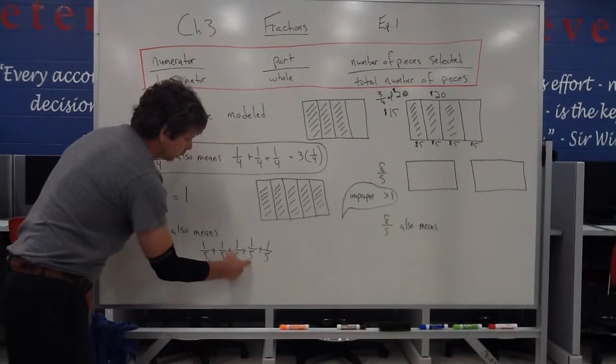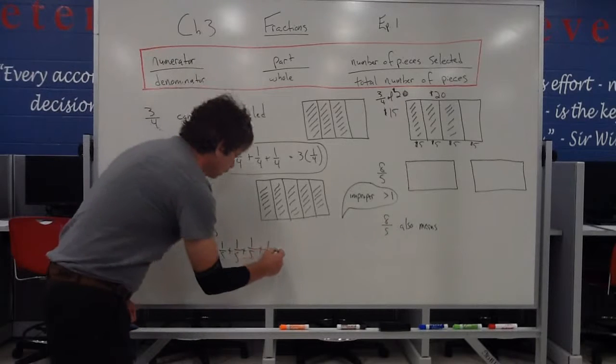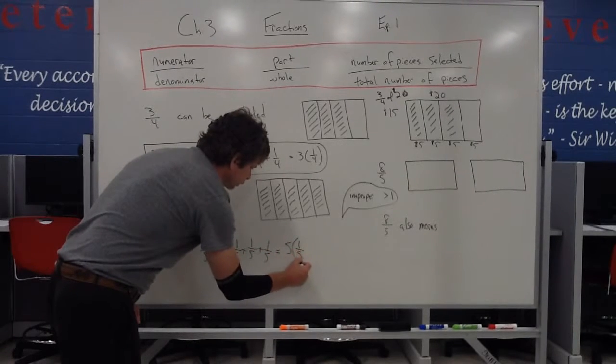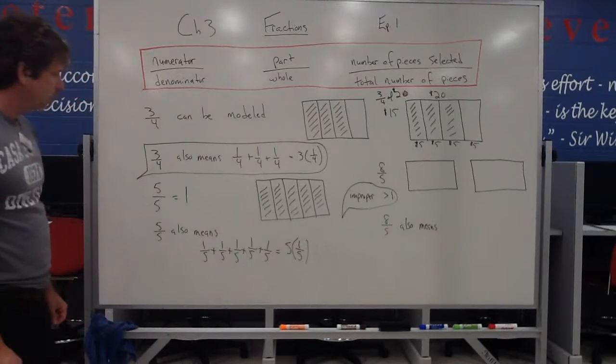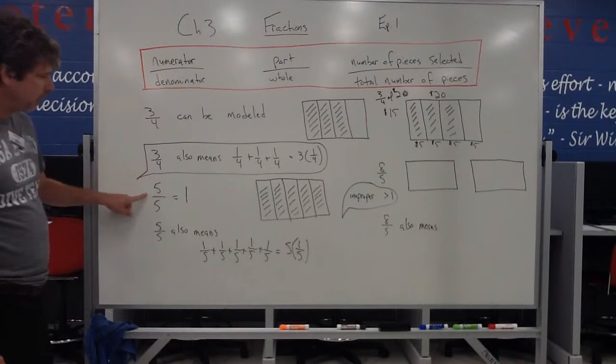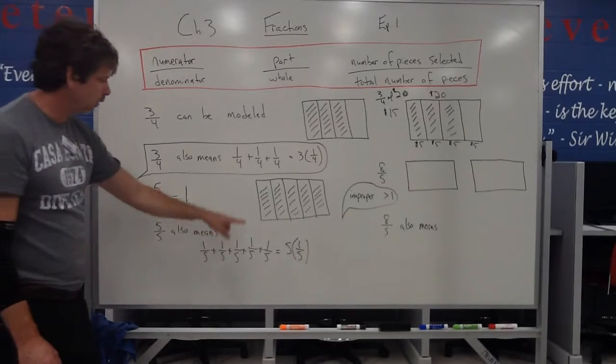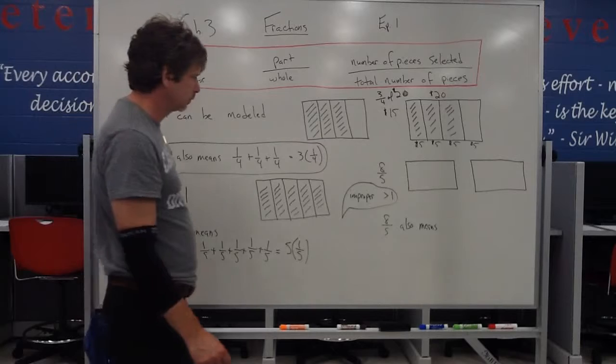So 1, 2, 3, 4, 5 of 1/5. Now, the easiest way to write that is simply as 1. But these are all different ways to model that problem.